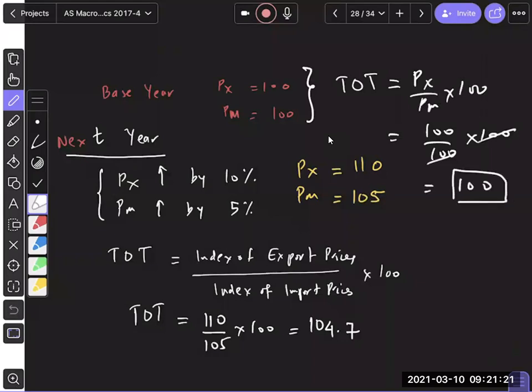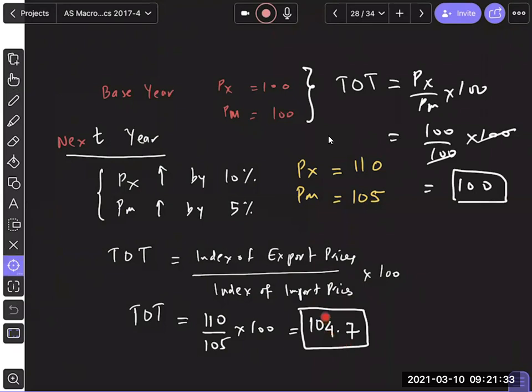What's the terms of trade now? 104.7. What does that mean? When the export prices relative to import prices have gone up by 4.7%. If you look at this, the export prices as compared to import prices are going up by 4.7%. What does that mean? Exactly. What does that mean in terms of our export and import?